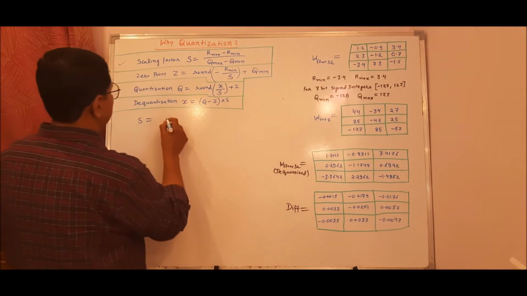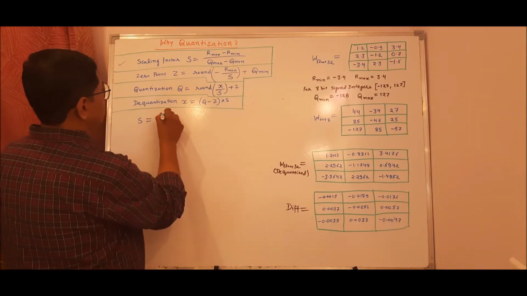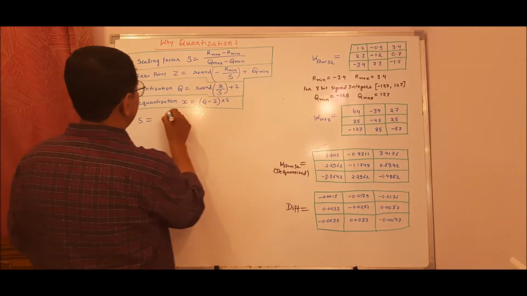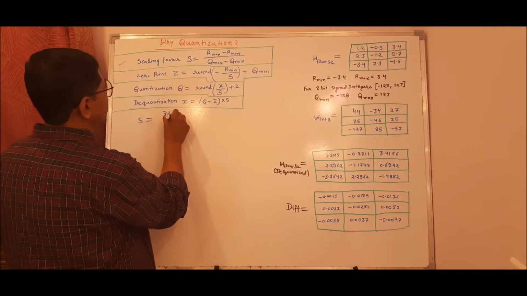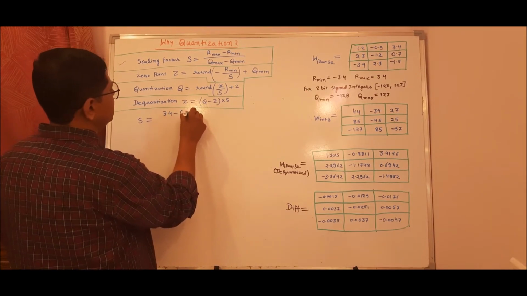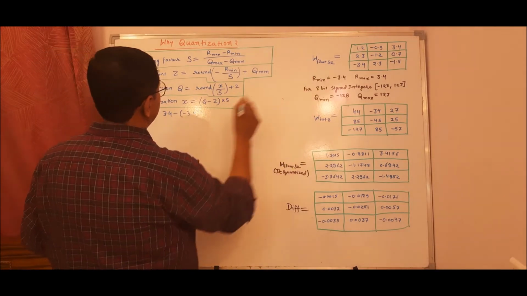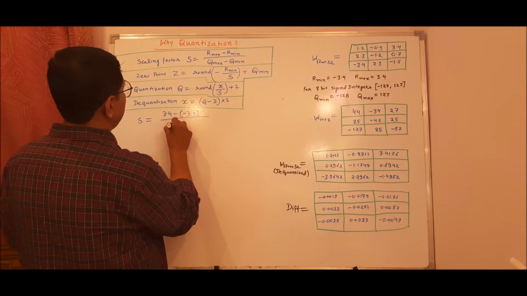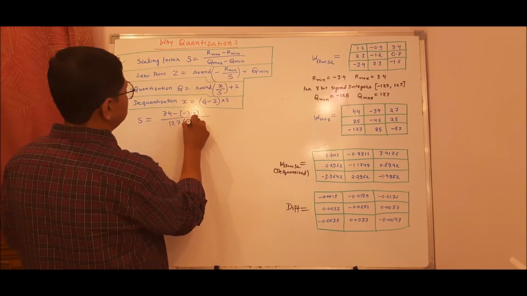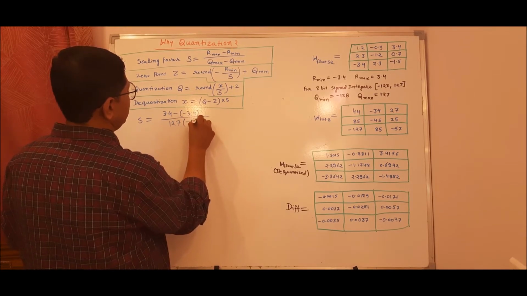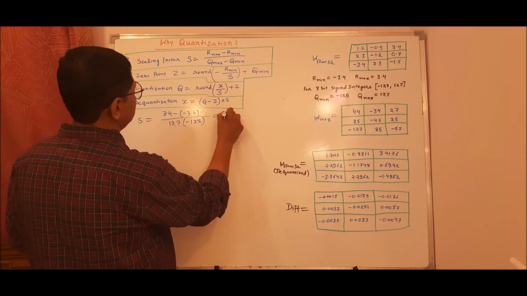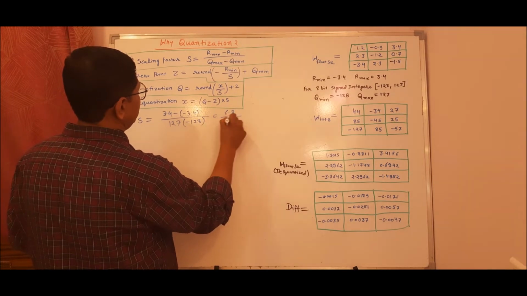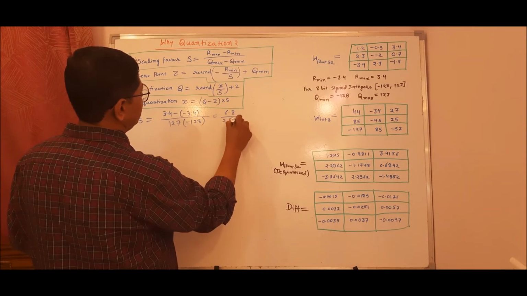Now use it to calculate the scaling factor. So R max is 3.4, minus minus 3.4, because R min is negative, divided by Q max, which is 127, minus minus 128. So it is 6.8 divided by 255.